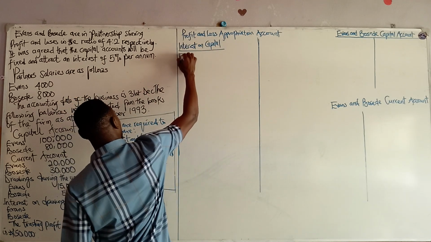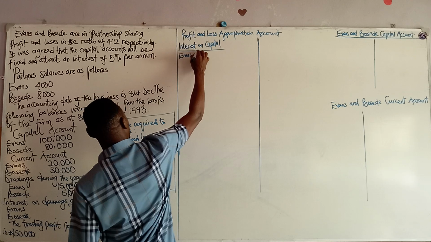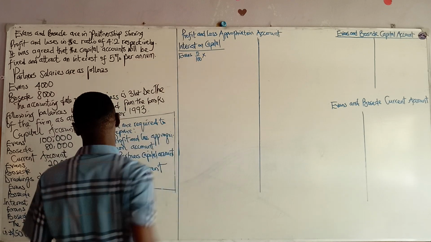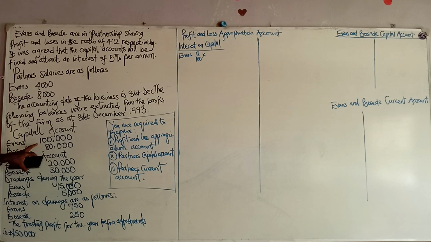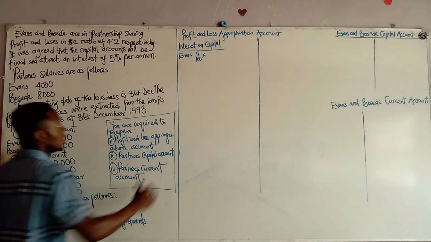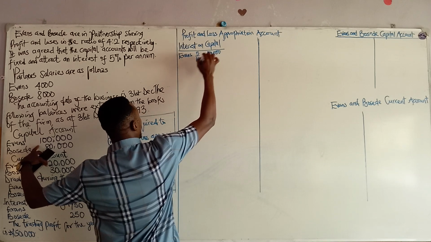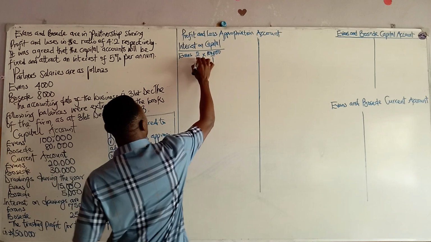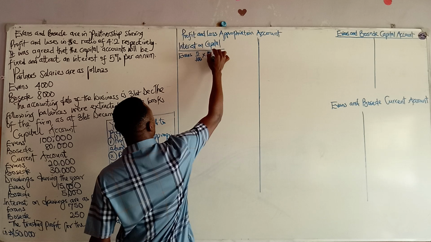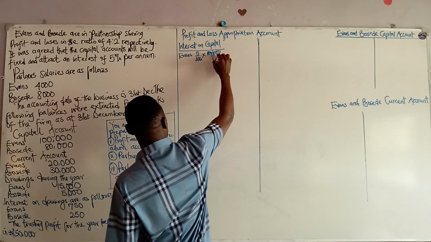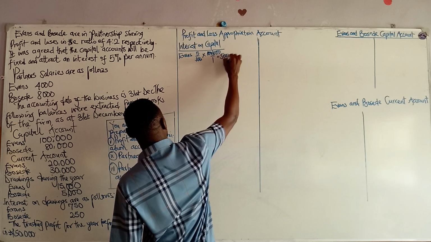We have Evans. Evans is 5%, which is 5/100, multiplied by Evans' capital investment, which is 100,000. So we have 5% of 100,000. 100 goes into itself once, and 5 times 1,000 gives me 5,000.